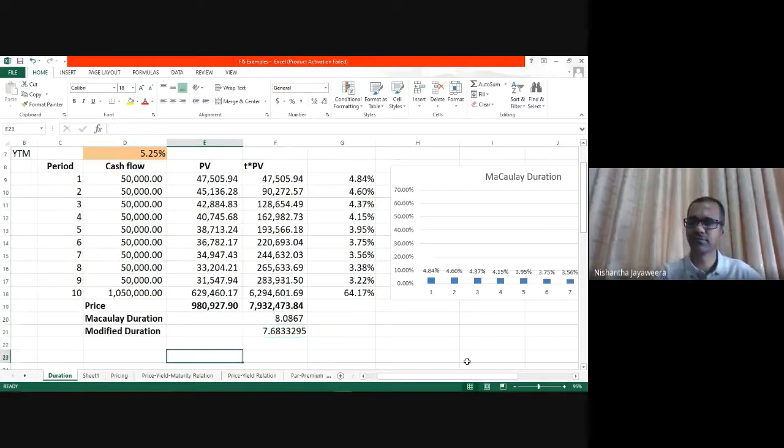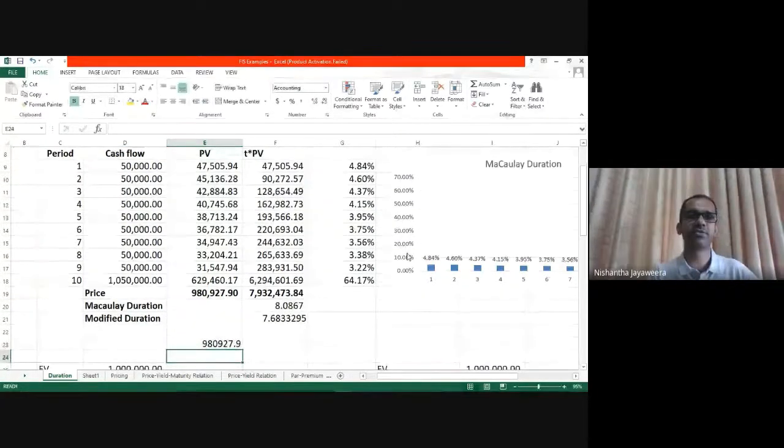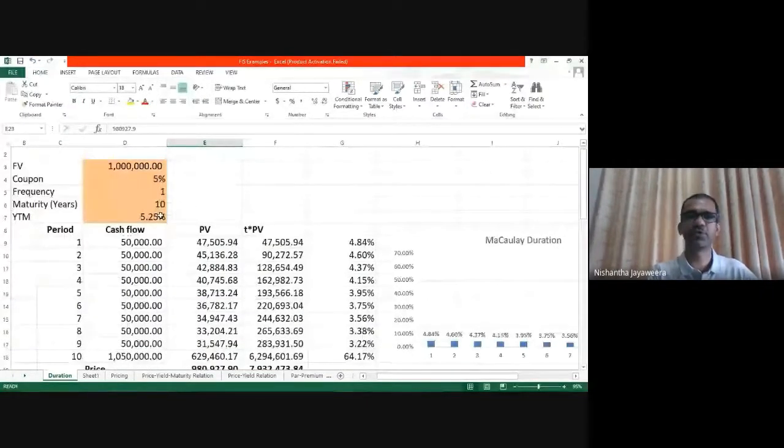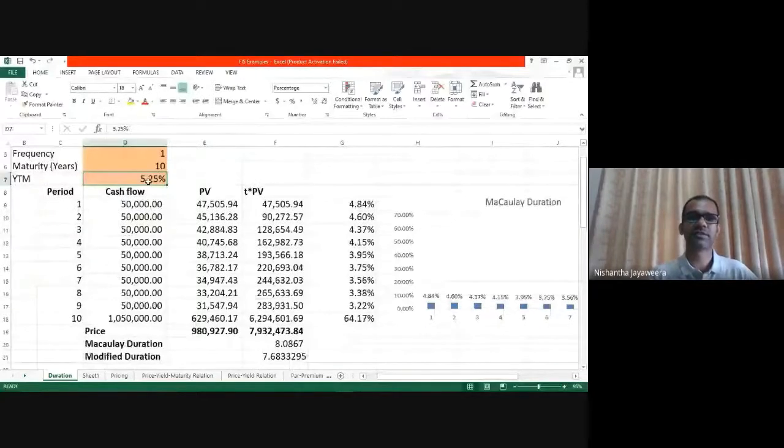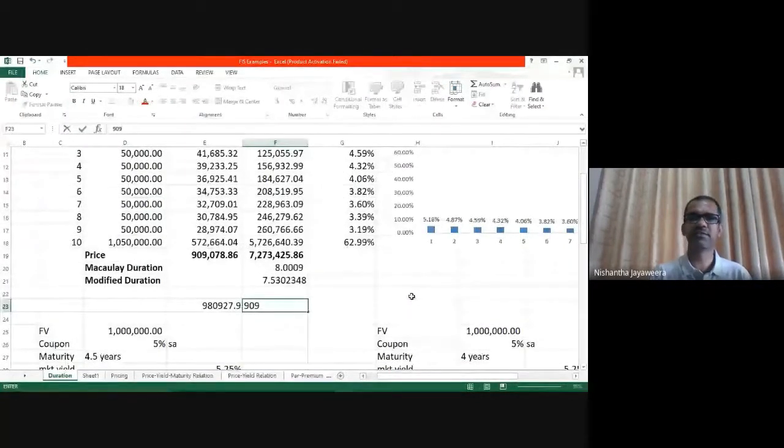So if you take 809290, this is the price when the yield is 5.25. Shall we do 6.25? And what is the price? 9078.86.